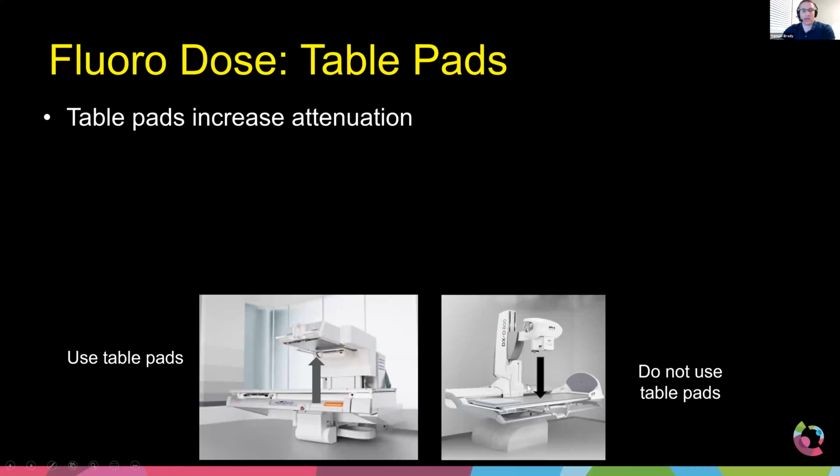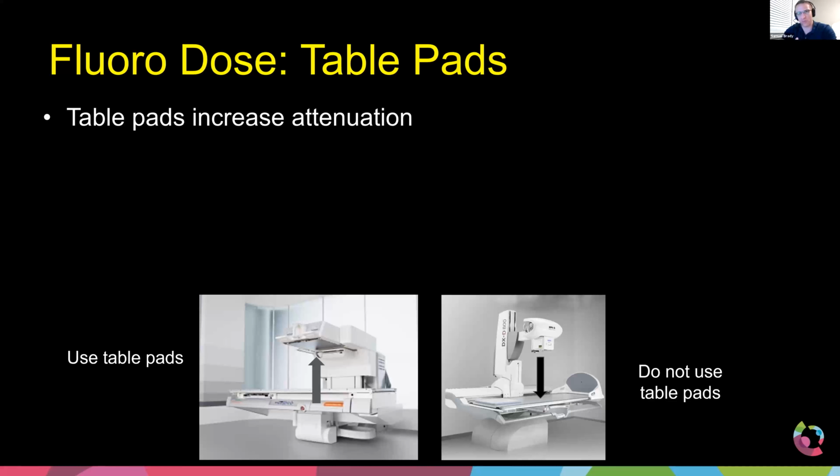Okay, on these tilt tables and to a lesser degree some of the interventional systems, well, I guess I'll just say in general, when we put table pads, we put patients on the pad, they're meant for comfort, right? But the pads absorb radiation.